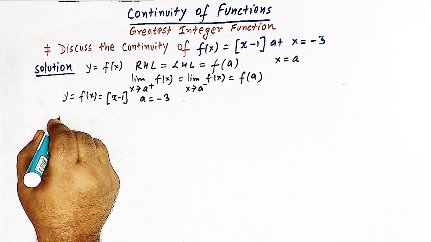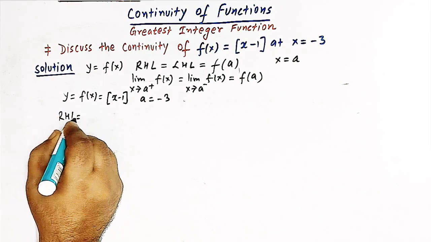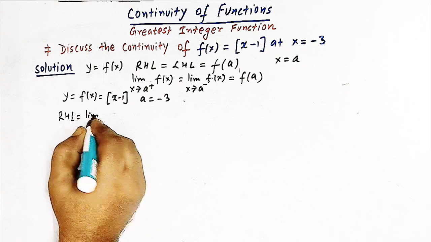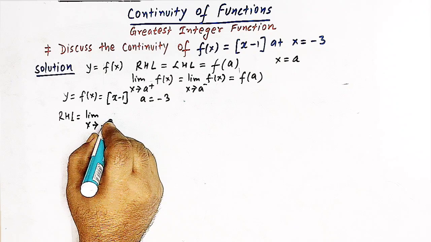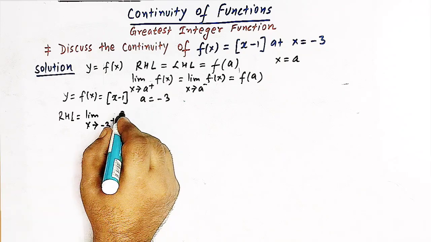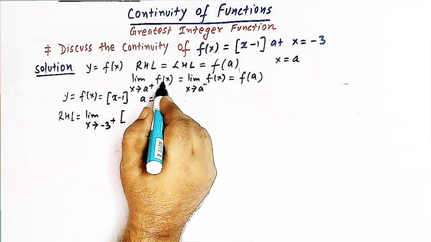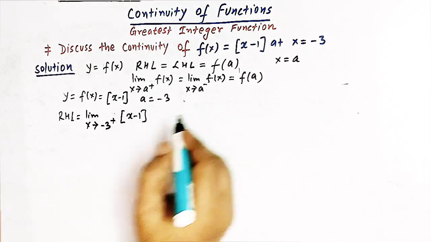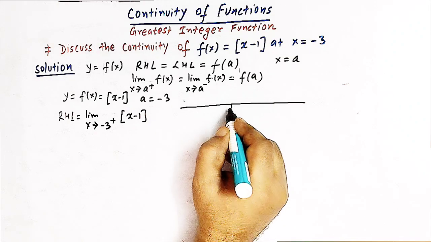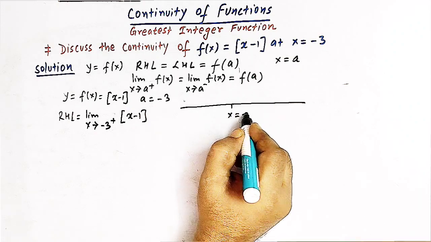So the right hand limit is given by limit x tends to minus 3 plus, and the function f of x is greatest integer of x minus 1. Here we have x equal to minus 3.